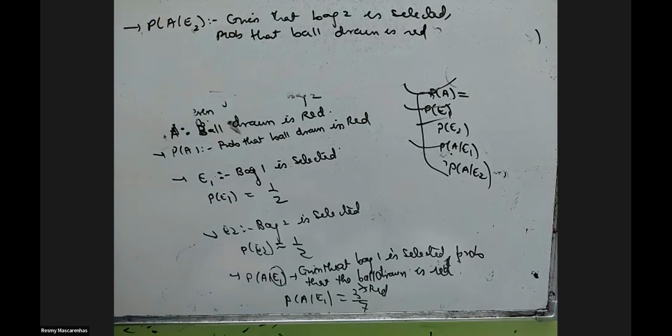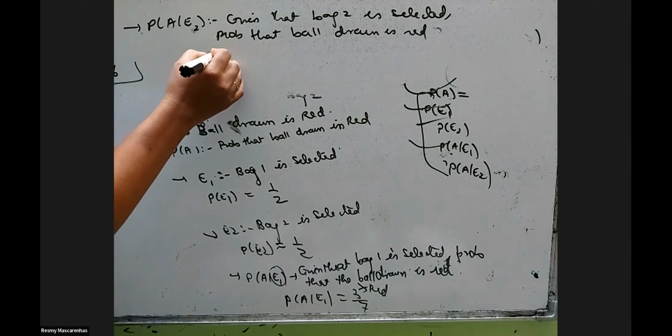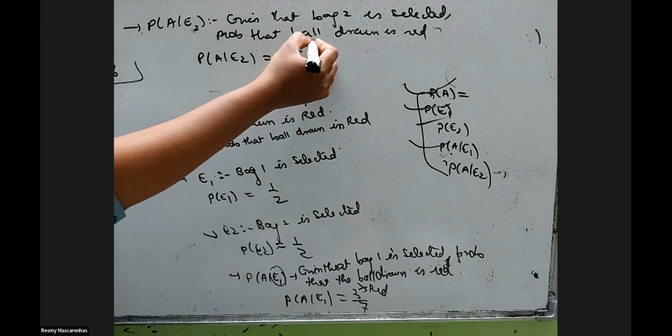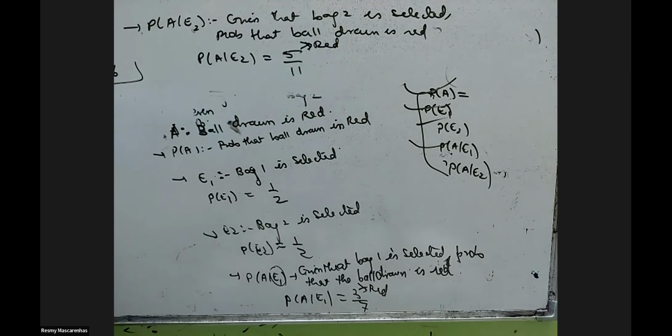In bag 2, there are 5 red balls out of 11. Total are 11 balls in bag 2. So 5 out of 11. If black was asked, it would have been 6 out of 11. So all this is done.